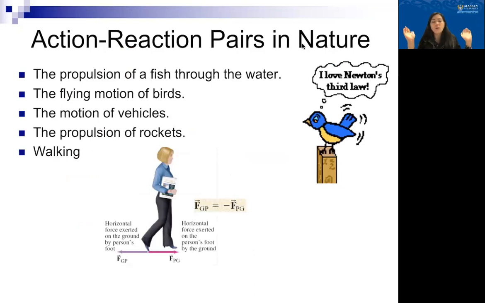In return, the water pushes the fish with the same force, but in the opposite direction. The same goes for the flying motion of birds, walking, and the propulsion of rockets. Movement in general is a consequence of Newton's third law of motion.